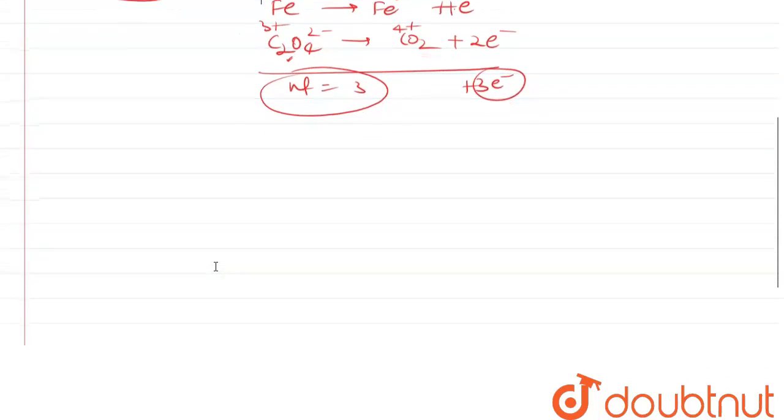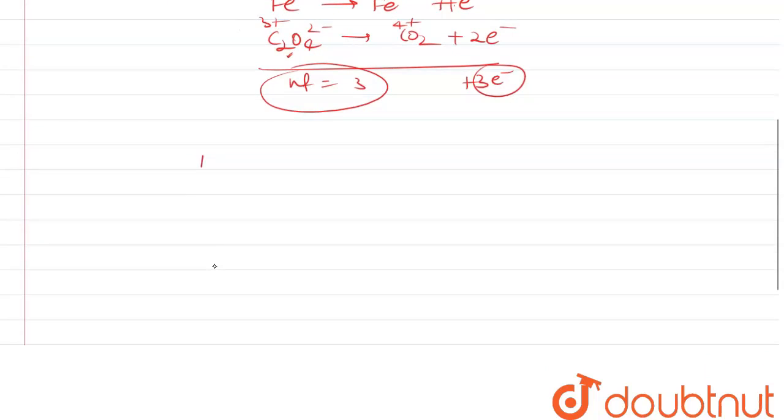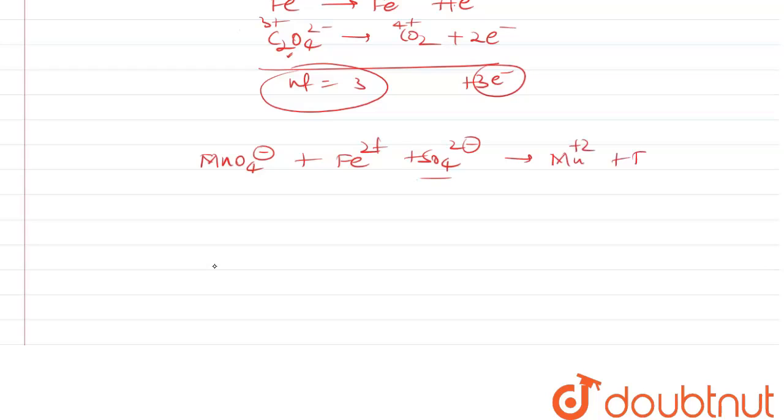In case of SO4 2 minus, this is already in maximum oxidation state, so it will not convert into anything.